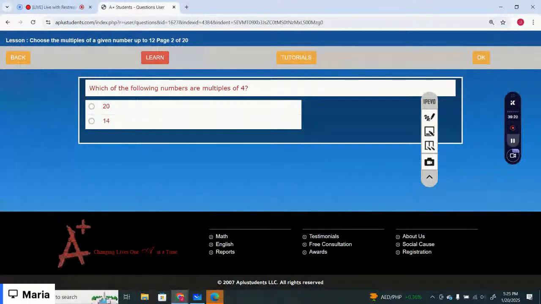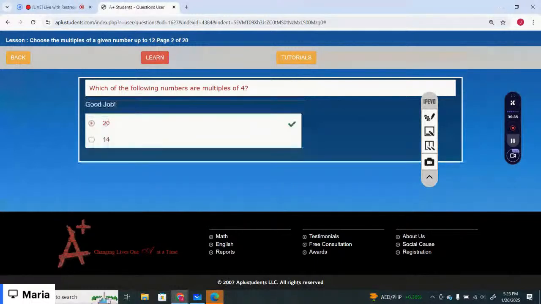Which of the following numbers are multiples of 4? The multiple of 4 is 20, because 14 cannot be evenly divided by 4.